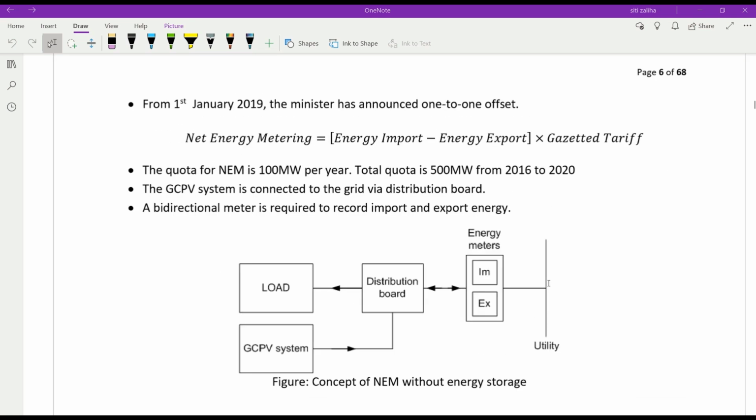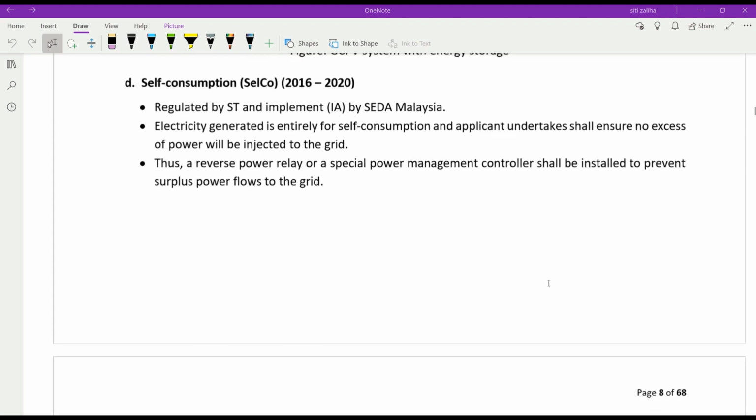Okay, other than NEM, we have another one we call self-co, self-consumption. So this self-co started in year 2016 and is available until now, 2020, regulated by ST and implementing agency IA by SEDA Malaysia.